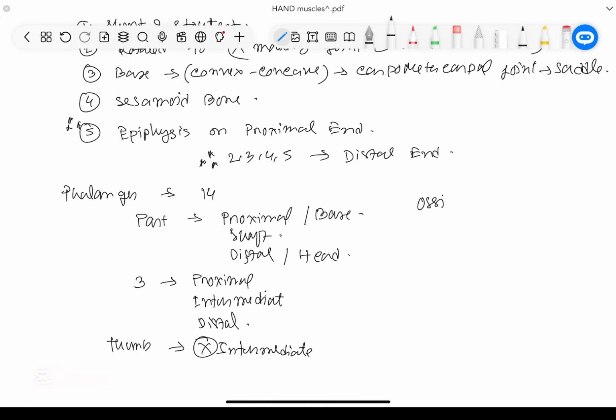Now come to the ossification. We know there are two ossification centers, primary and secondary.